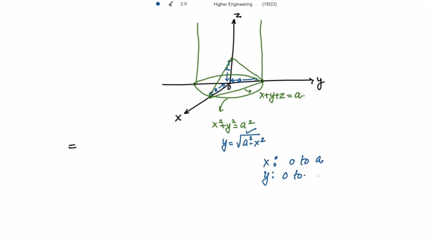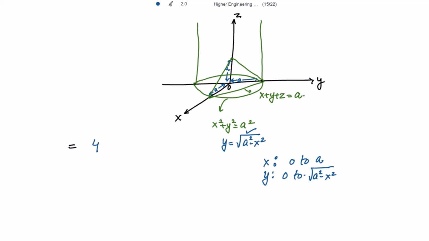If you want your limits of x to be constant, then the limits of y should be in the form of x, so you can get the limits of y from this equation.